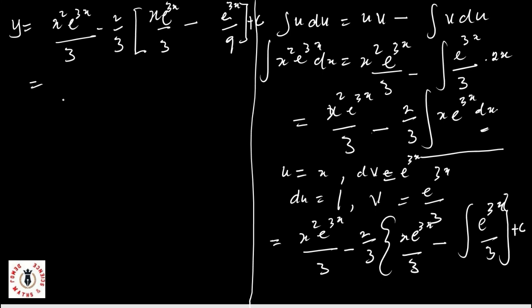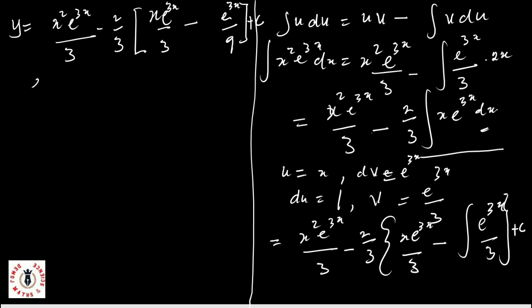Now it looks a little bit clumsy, so I'd prefer we make it simpler. We can see that there's a common factor of 3 on the denominator and a common factor of e raised to power 3x on the numerator. So I prefer to extract the factors of e raised to power 3x from the numerators and 3 from the denominators.